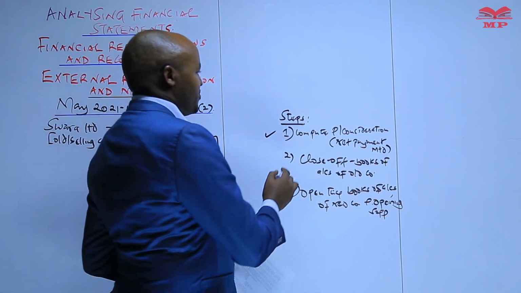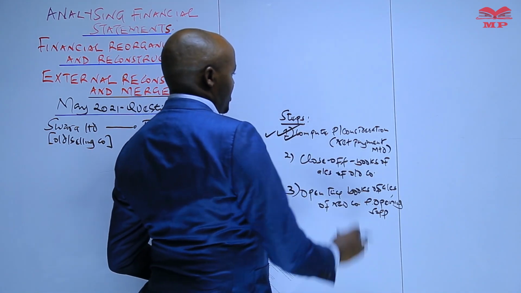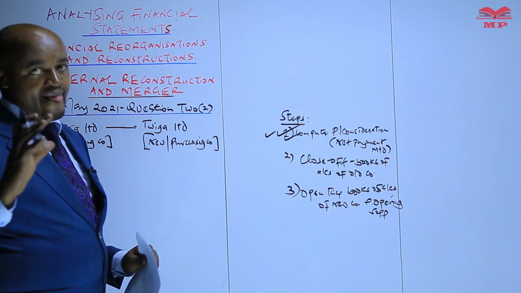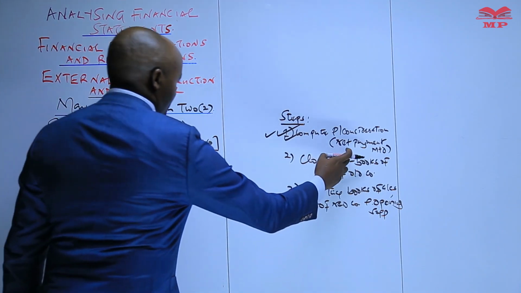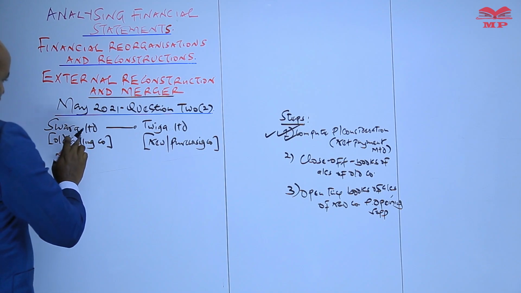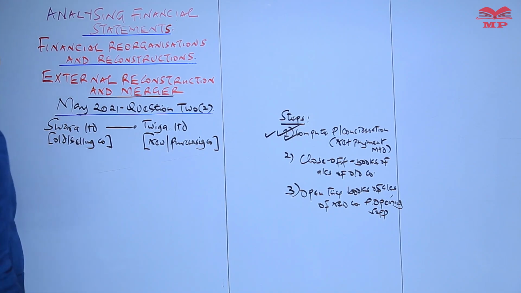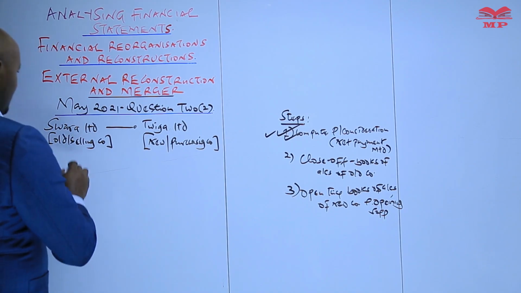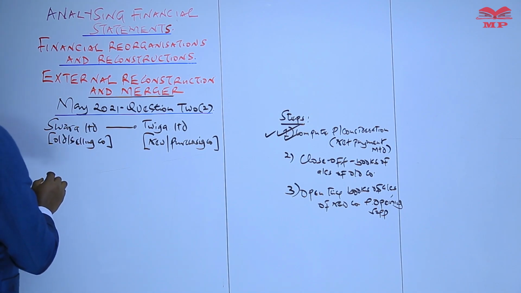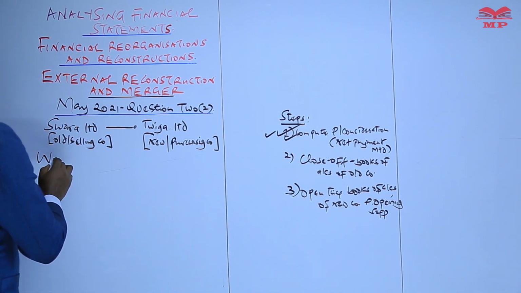So what we need to start with is computing the purchase consideration. We are going to compute this particular purchase consideration using the net payment method, whereby we add all the payments made to the shareholders and also the financiers of the old company, or the selling company, which is Swara Limited.